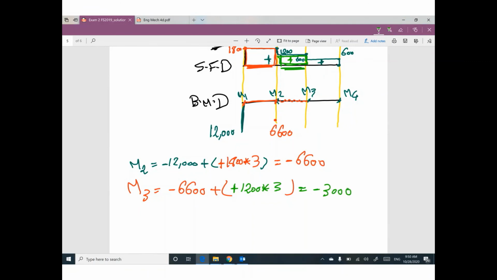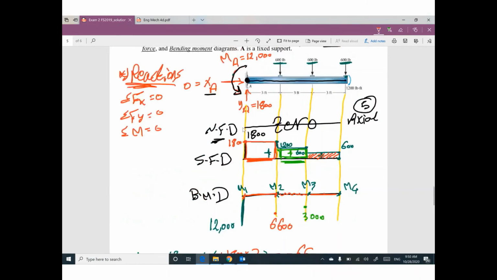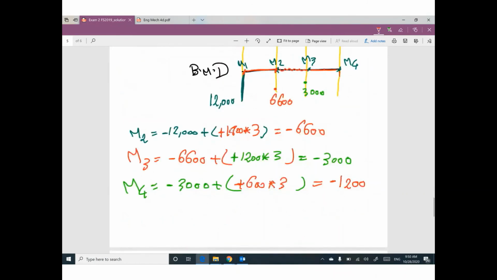M4 equals the previous value, M3, negative 3,000, plus the area of shear between the 2 points. We have this little rectangle, positive 600 times 3. Your value will be negative 1,200.